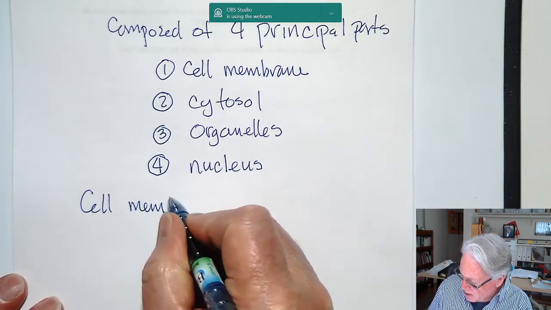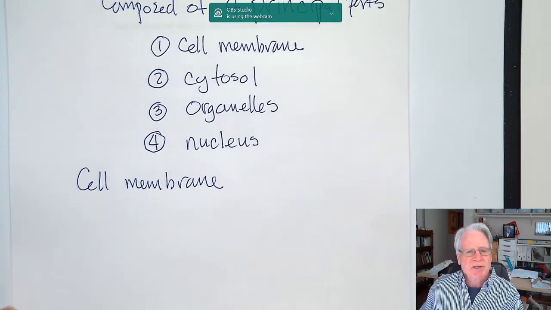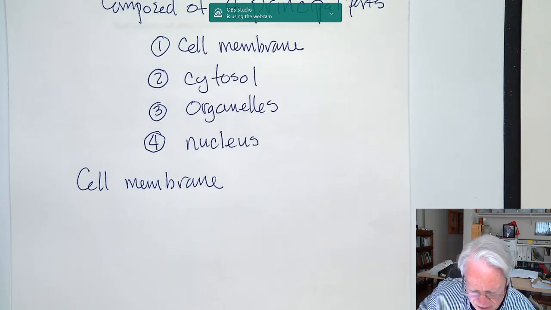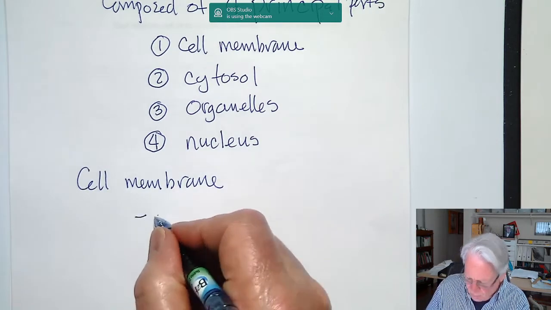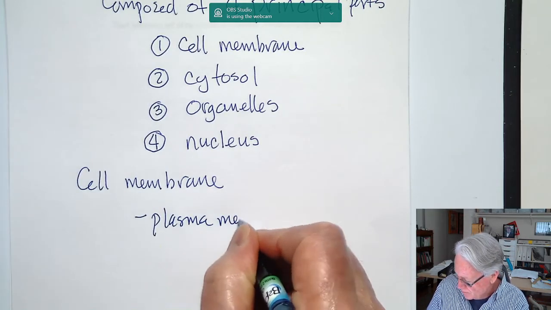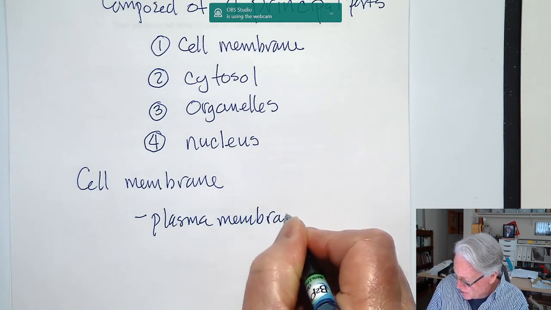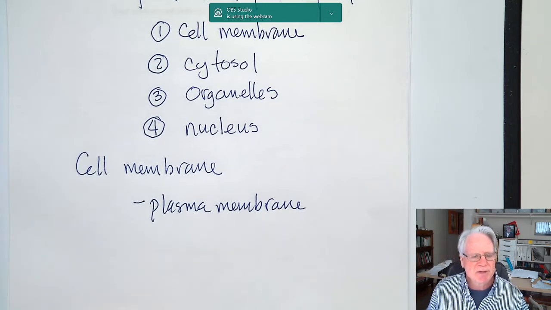We're going to talk a lot more about the cell membrane later on in the lecture, so we're just drawing a quick picture here, and then we'll go into the details later. This is really the plasma membrane. That is the technical term. That is the proper way to refer to it. But so many people simplify that to cell membrane.